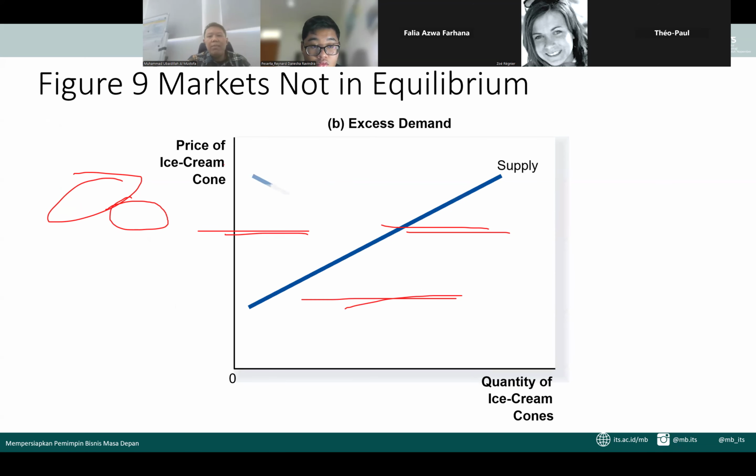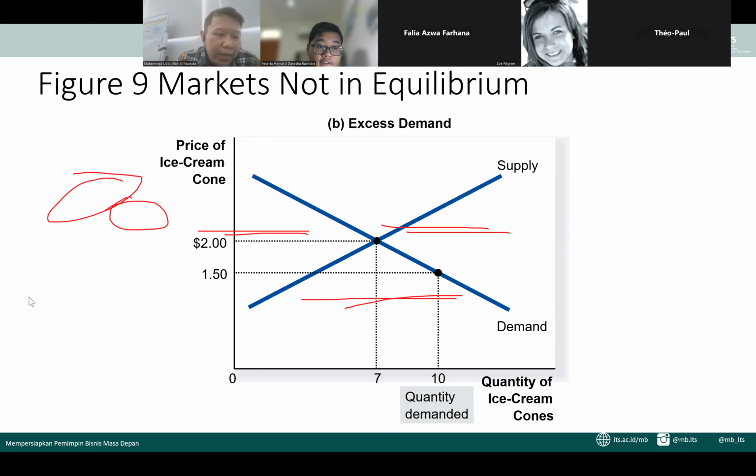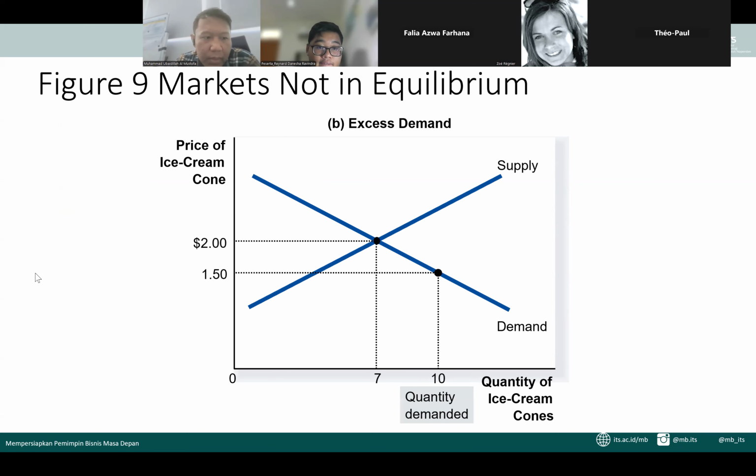Let me give you an example. The equilibrium price is $2, but currently they are selling for 1.5. When this happens, you see that the supplier is supplying 4, where the demand is 10. So we have a shortage in the market.